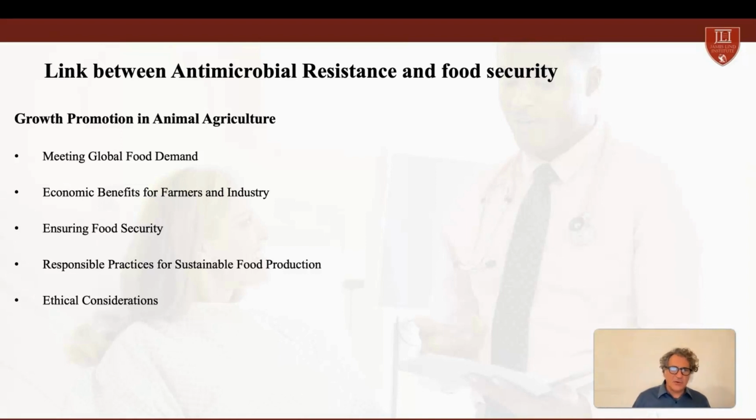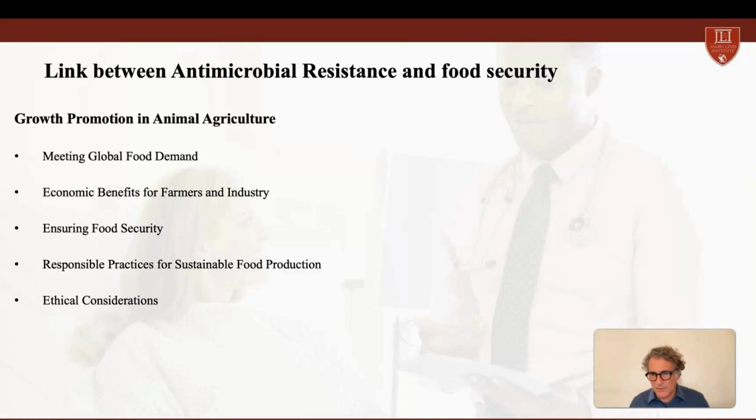The growth of production, of course, is correlated to meeting global food demand and economic benefit for farmers and industry, because I continue to repeat that farmers overuse antibiotics, for example, because the aim is not just to produce, but to create a profit.